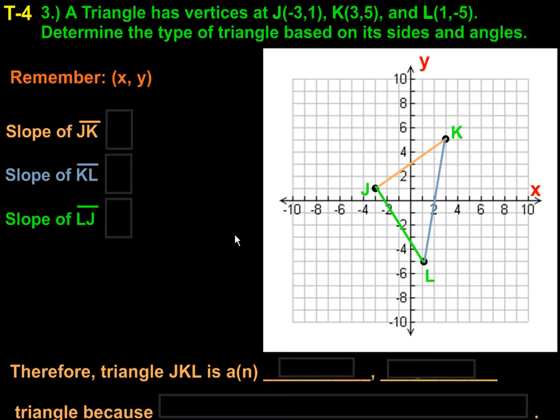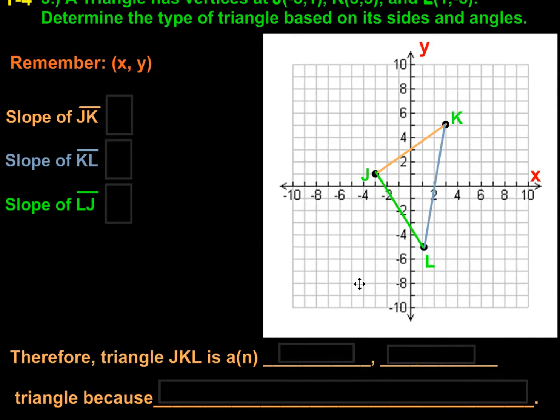And now we need to think about what kind of triangle this forms. If you take a look at triangle JKL, you can see that these two sides are equal, and we have a right angle right here. So that means we have an isosceles triangle and a right triangle.